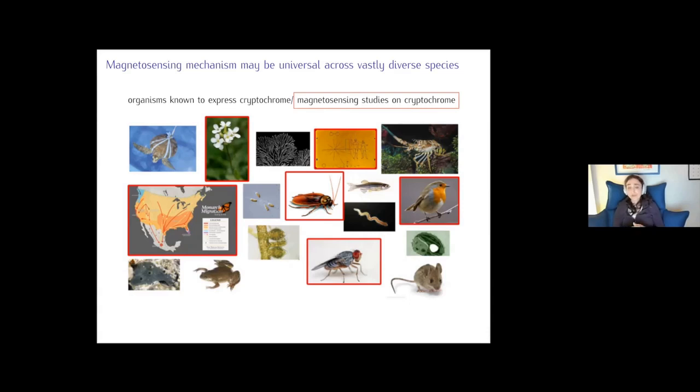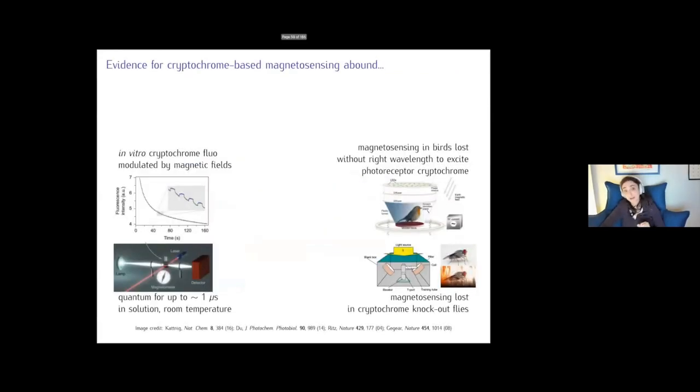In this slide, those are some organisms that express cryptochromes, and boxed in red are organisms for which magnetosensing studies have shown some, sometimes weak, correlation of magnetosensing with cryptochrome. And yes, humans are right there.